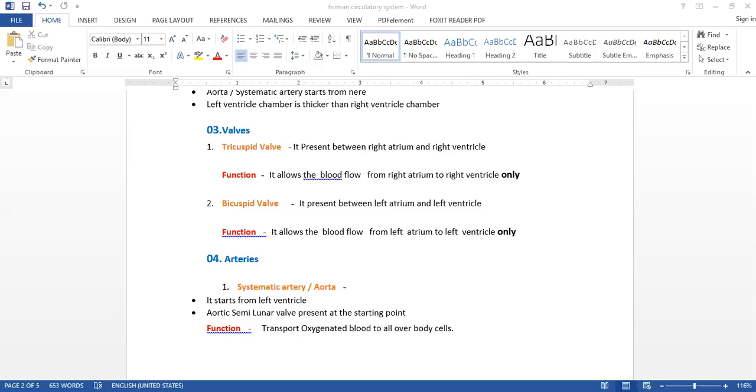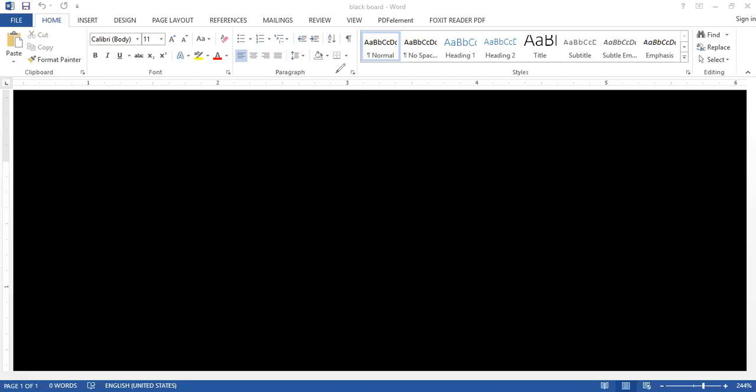This is, I think, class number 2 or 3, right? So look, this one. We studied about the heart, right? The heart contains mainly four chambers.